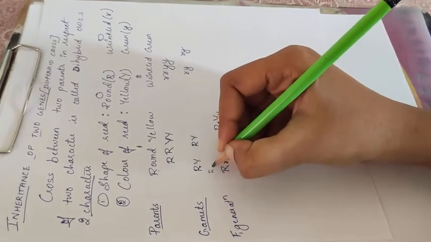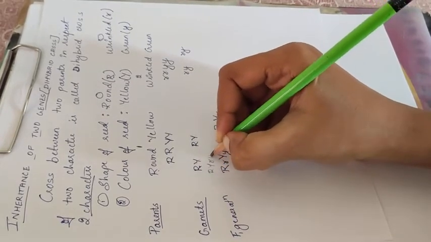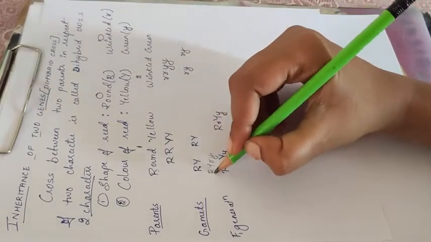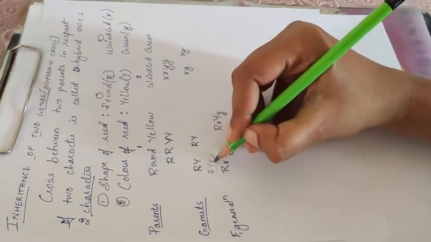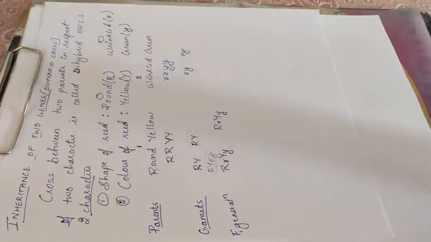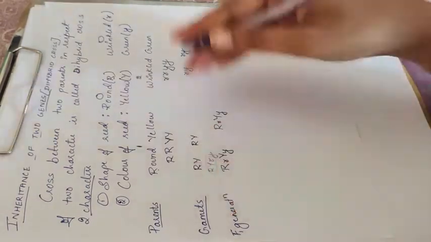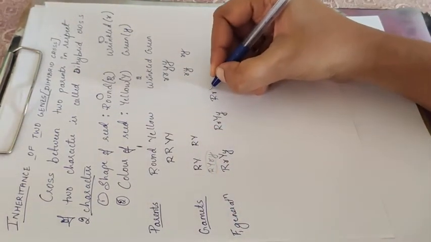You can also write it this way, this with this one, right? So you can just add these two. You can write it in this way, but for convenience we are going to put R at one side, one character at one side, and Y at another side. Both are the same. Here all the possibility is only this.